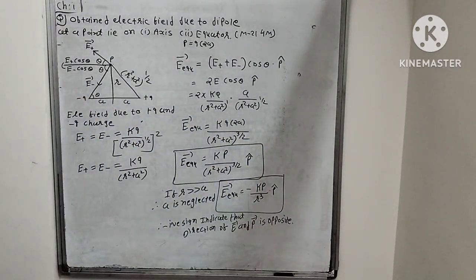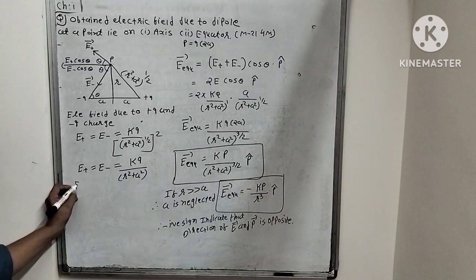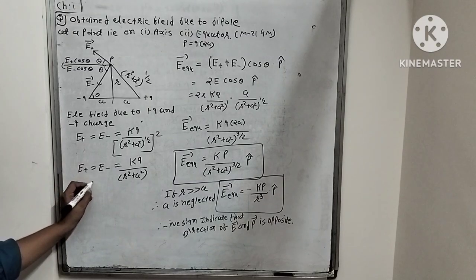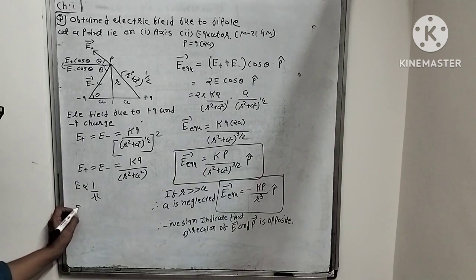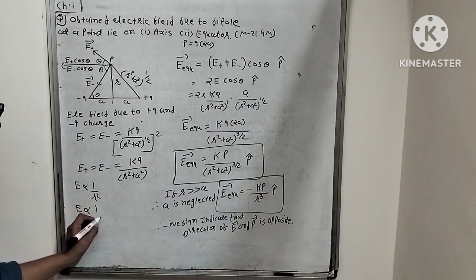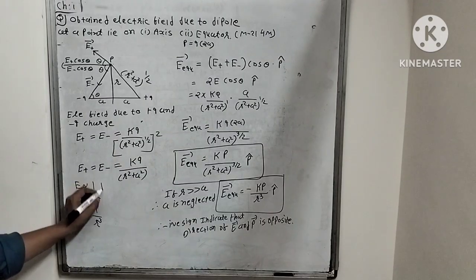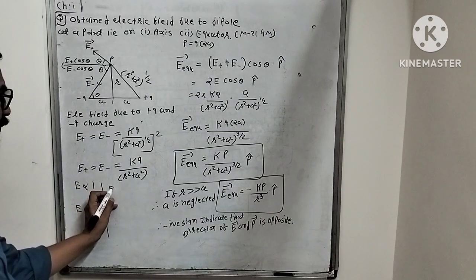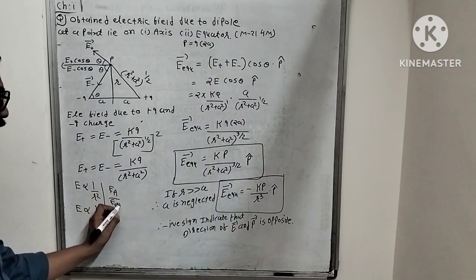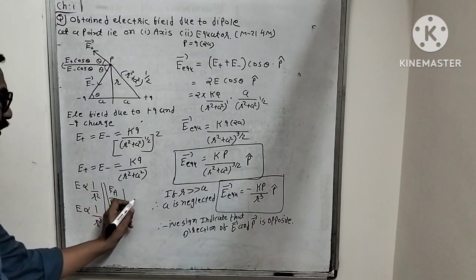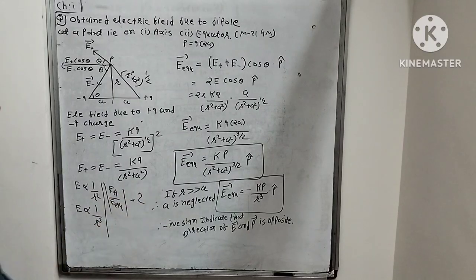Okay, done. And here is one more MCQ. The electric field due to a point charge varies as 1 upon R square, but the electric field due to a dipole varies with distance as 1 upon R cube. Another MCQ: the ratio of E axis upon E equator, taking the modulus, is 2.